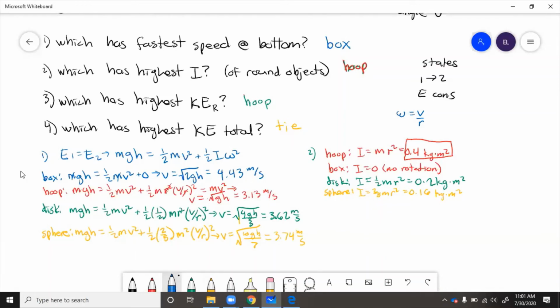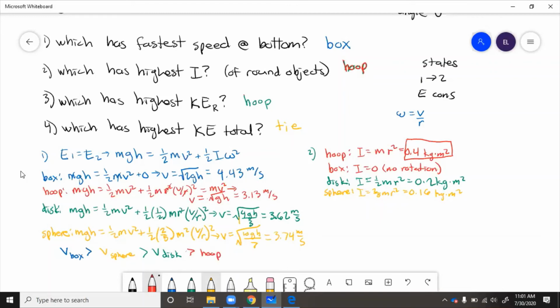If we rank these speeds, then speed for the box is greatest, and then speed for the sphere, then speed for the disk, and then speed for the hoop.